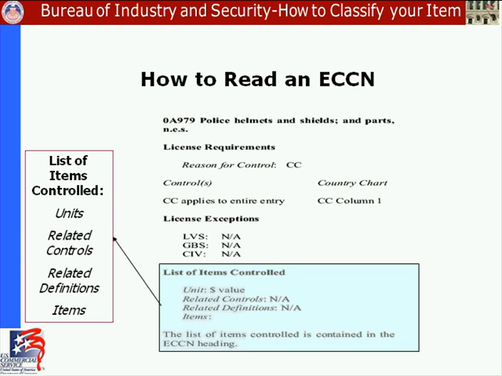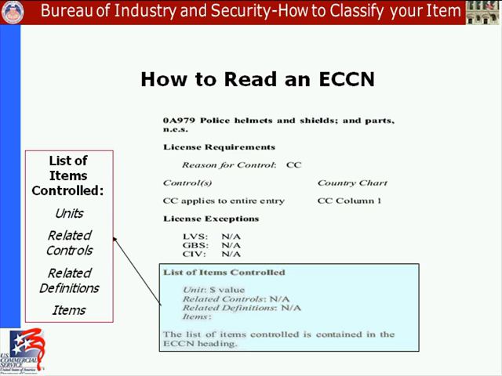After you find out your item is described under this detailed description, then you should look at the units, the related controls, the related definitions, and the related items, okay? Related controls may list many other ECCNs related to this ECCN.